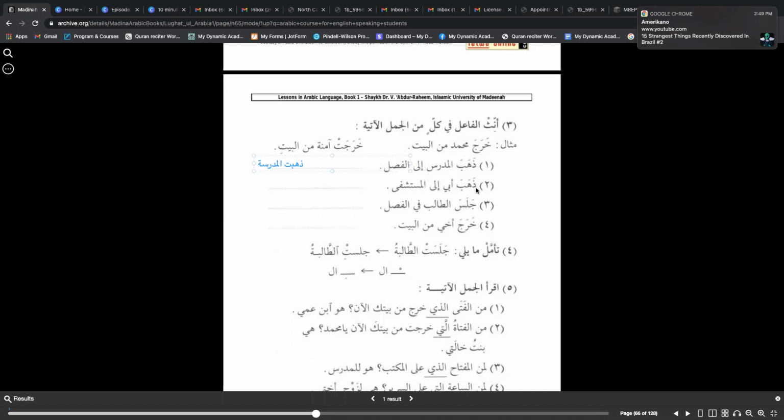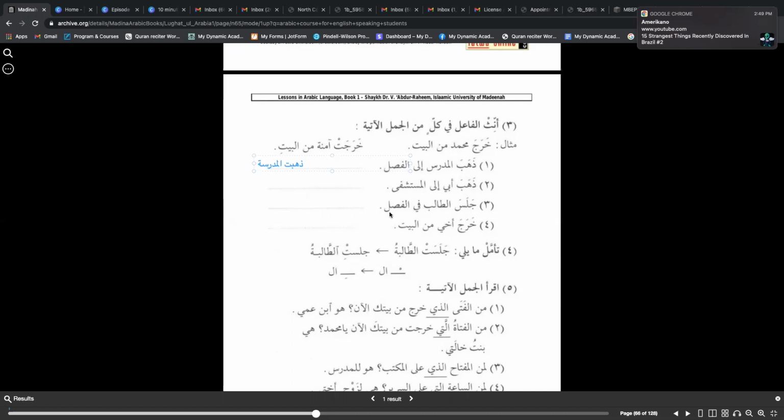Excuse me. ذهب أبي إلى المستشفى. My father went to the hospital. So we changed two things here as well to make the fi'l feminine. We have to change the verb for the past tense, just like here, making it ذهبت, and then you can say أمي. ذهبت أمي إلى المستشفى.